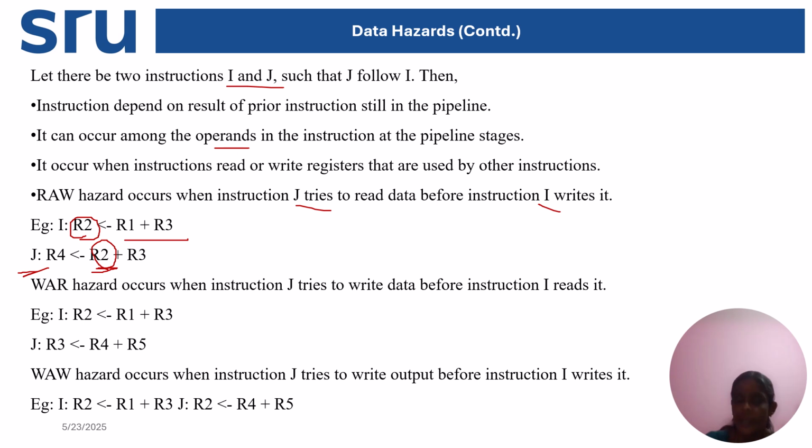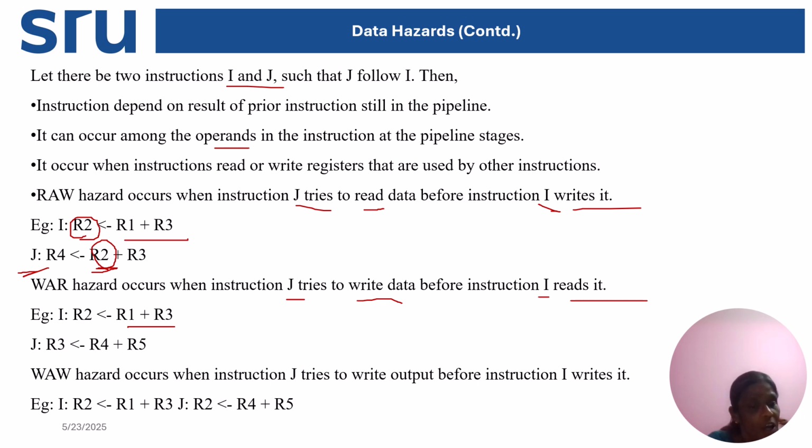will be correct. WAR. Next one, write after read hazard occurs when the instruction J tries to write data. Here read data, here write data, before instruction I reads it. Here I writes it. See the instruction: I: R2 = R1 + R3.